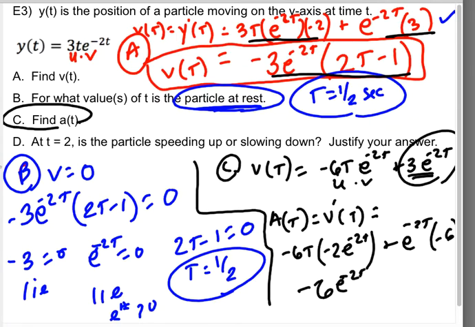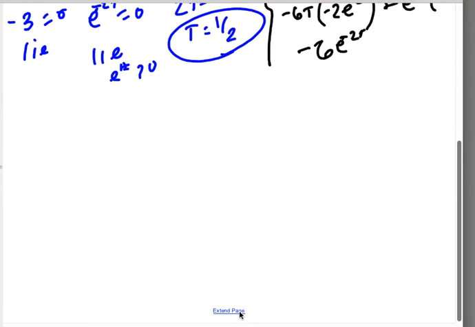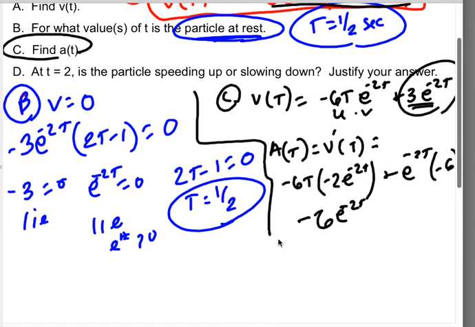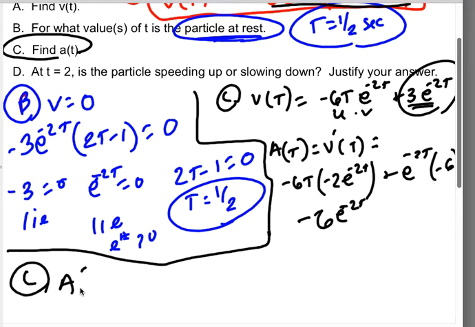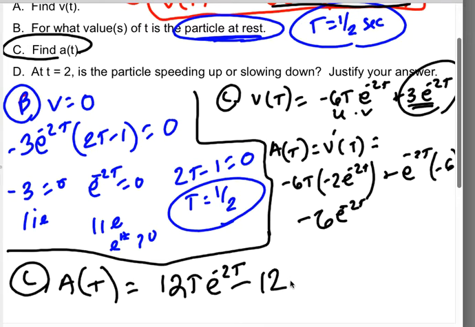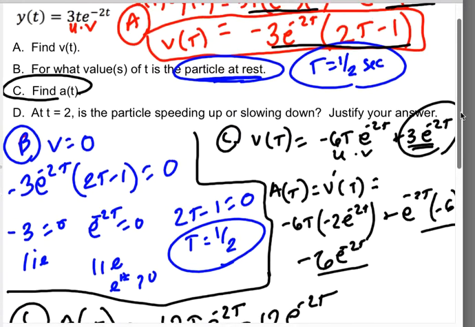Okay, I'm going to need space. I'm not surprised. Okay, so if we keep doing C, right, so for C, I get that A of t is what seems to be a 12t e to the negative 2t minus a 12e to the negative 2t, because these two are like terms, right?